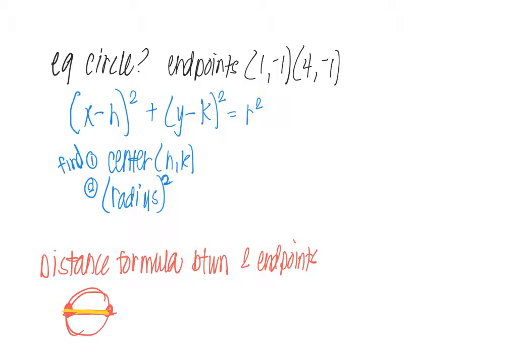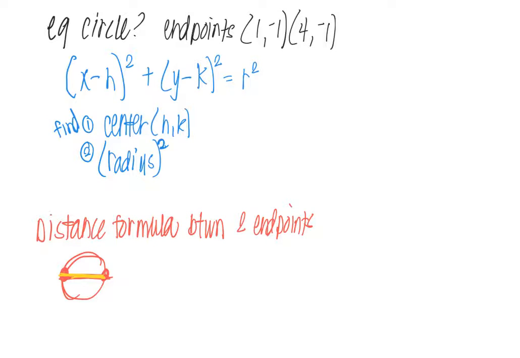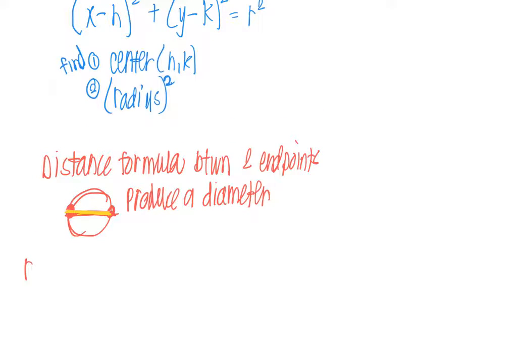I don't know why I couldn't think this morning. So, distance formula between two endpoints produces a diameter. We need the radius. So we're going to take the diameter that we find and then divide it by 2.